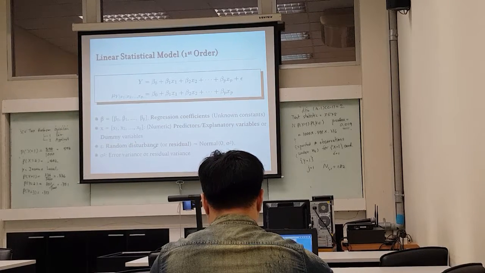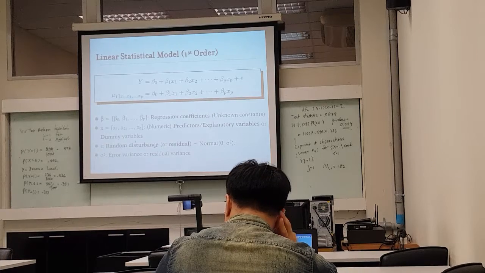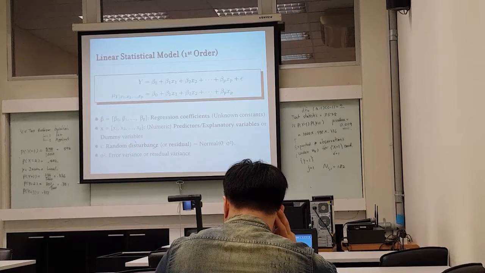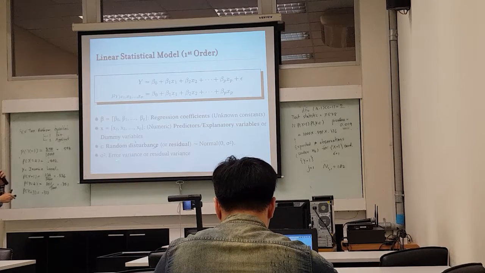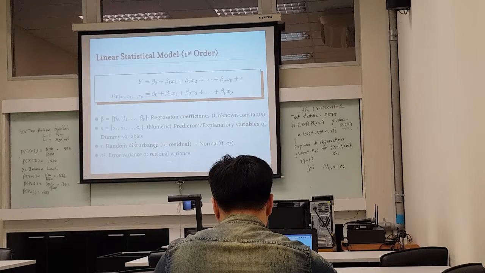It has a normal distribution with zero mean and variance sigma squared. This sigma squared is called the error variance or residual variance.